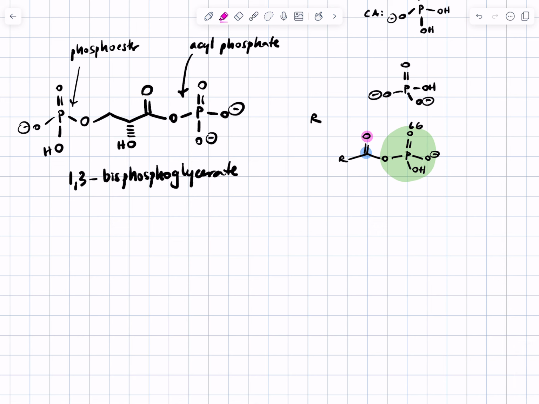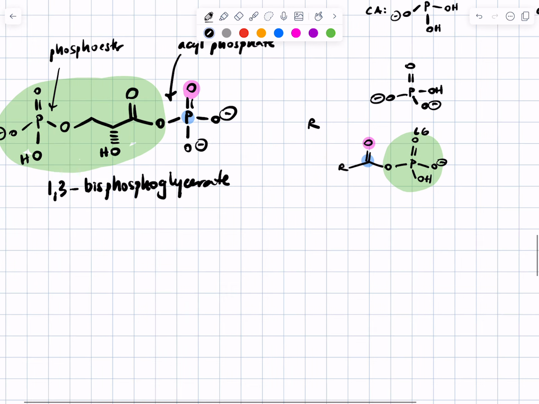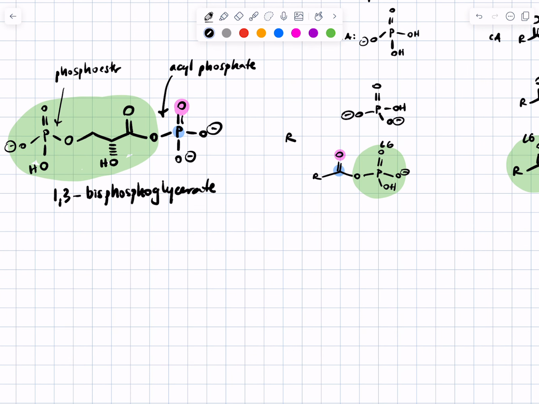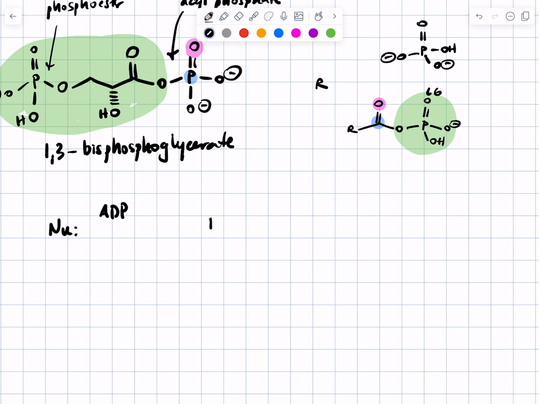To do that, I'm just going to highlight the carboxylate in green. That's our leaving group. If you want, you could do the whole thing. The electron poor phosphorus is in blue, the oxygen's in pink. Our nucleophile in this reaction is going to be ADP, and by ADP, I mean one of the oxygens on the beta phosphorus of ADP.